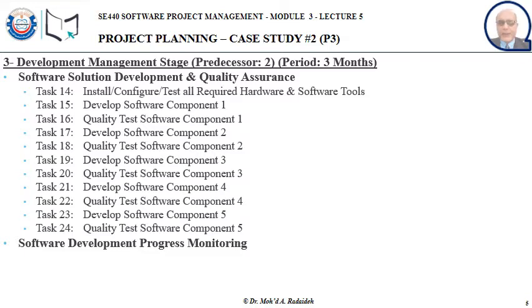This is just for an example here. Someone else might come up with a different set of tasks, more or less. Task 14, like the installation, configuration, testing all required hardware and software tools, developing software component 1, etc.